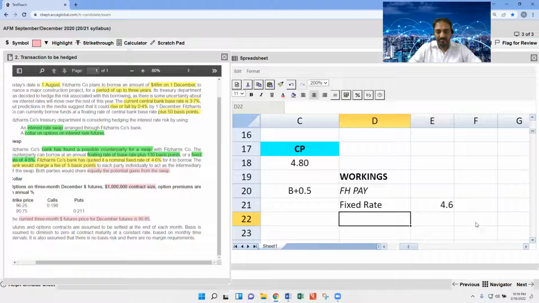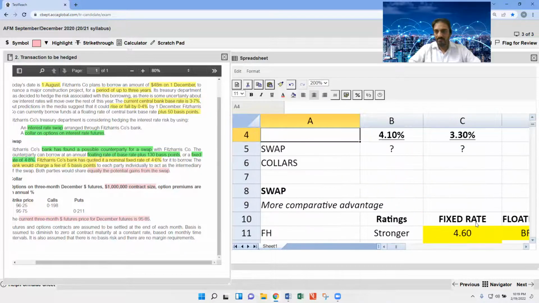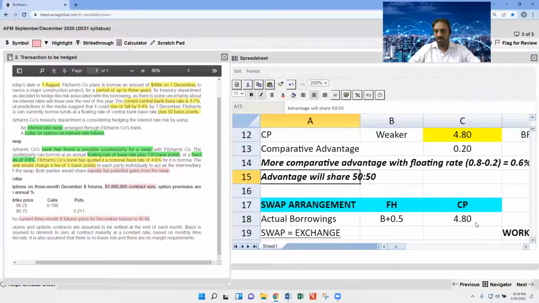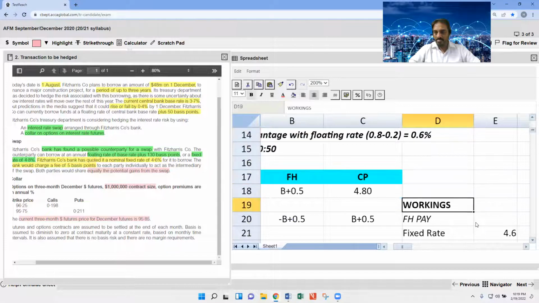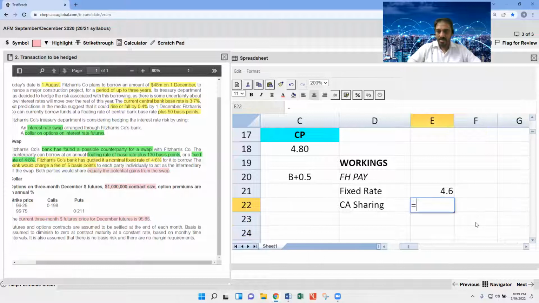And adjust the comparative advantage sharing. What is the comparative advantage sharing? That was 0.6. Sharing is equal to 0.5 into 0.6, but that should be the minus.